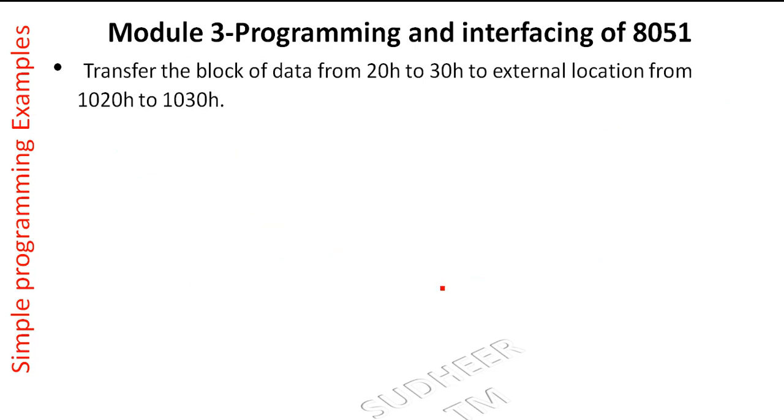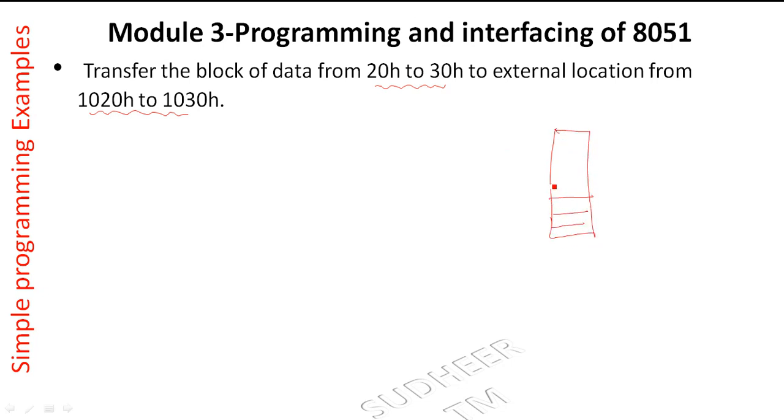Next, transfer the block of data from 20H to 30H in internal memory to the external location from 1020H to 1030H. So it is mentioned here that this is from internal memory and this is to external memory. So we have a block data transfer.